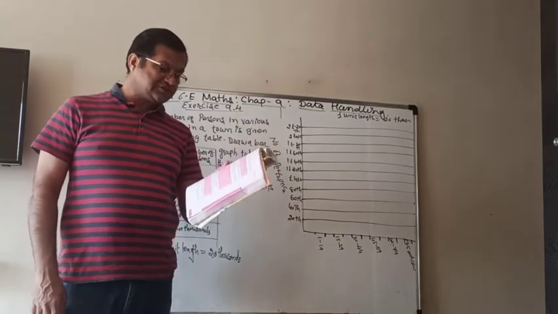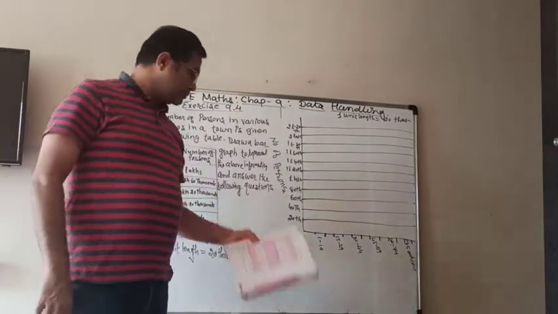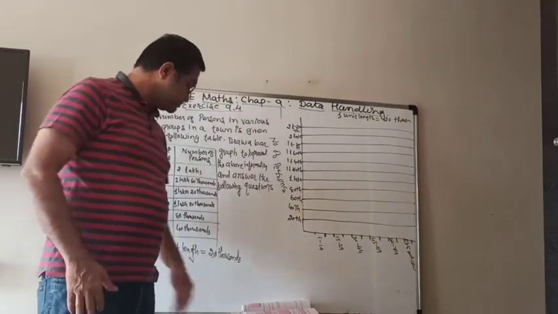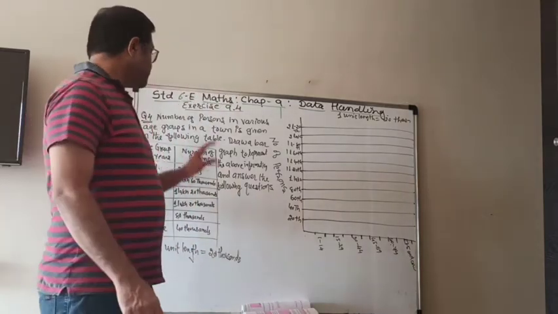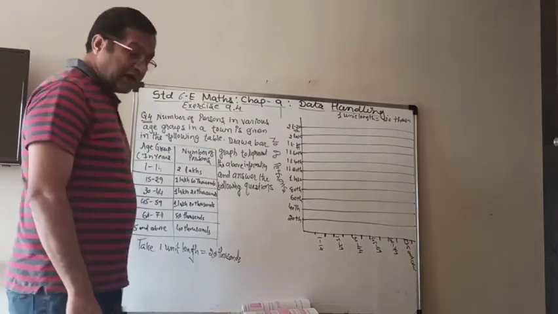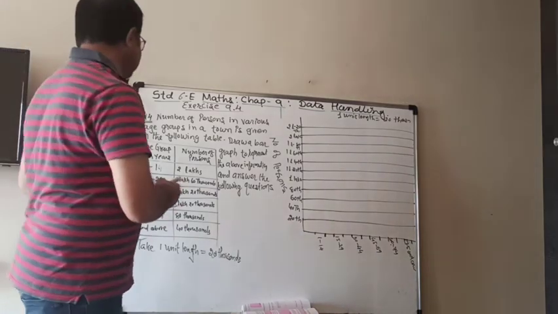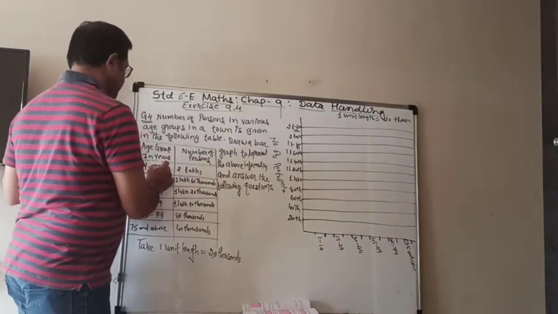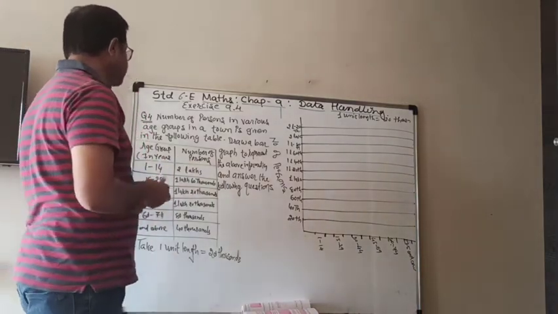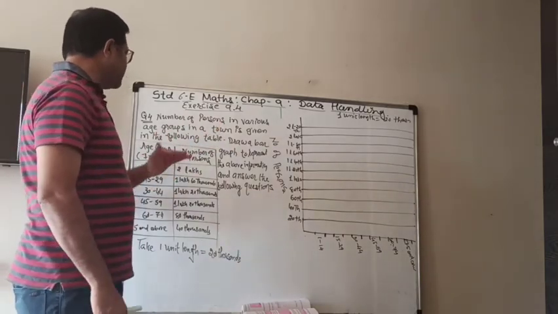So now the last question, question number 4, we are going to do, then the chapter will be finished. Here the age groups are given, like 1 to 14 years, 15 to 29 years, and the number of persons in the different age groups.